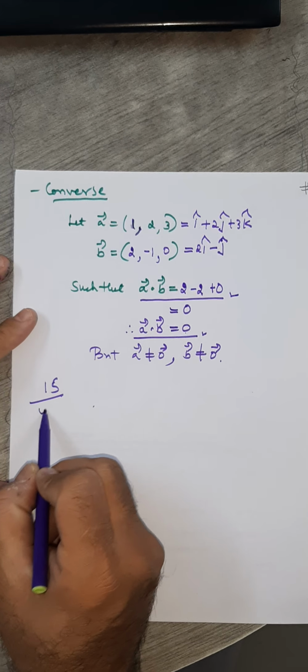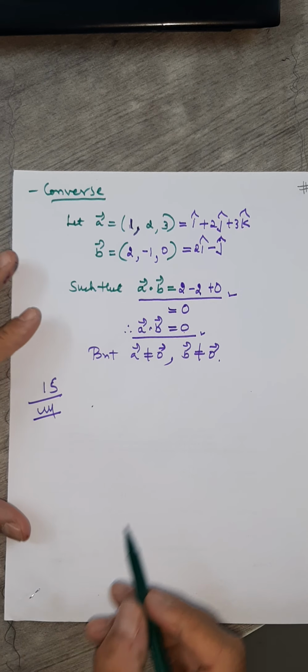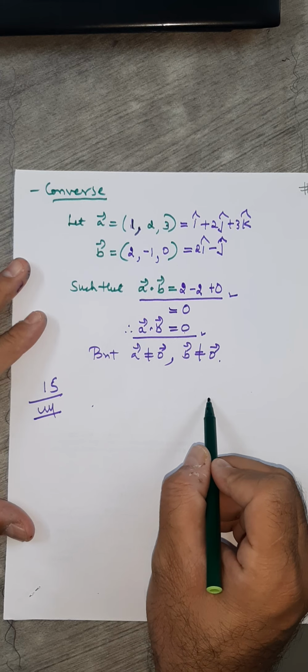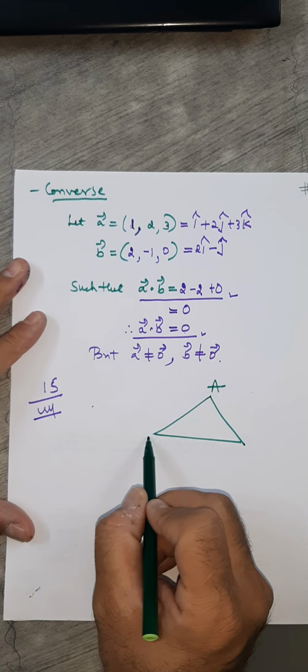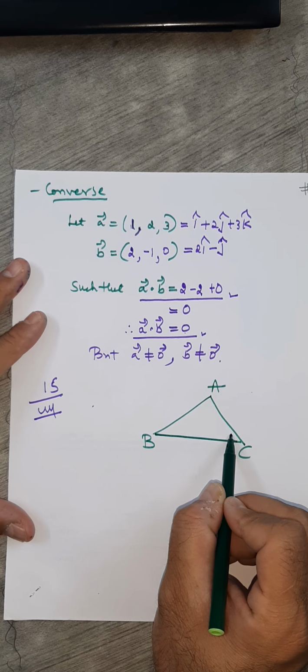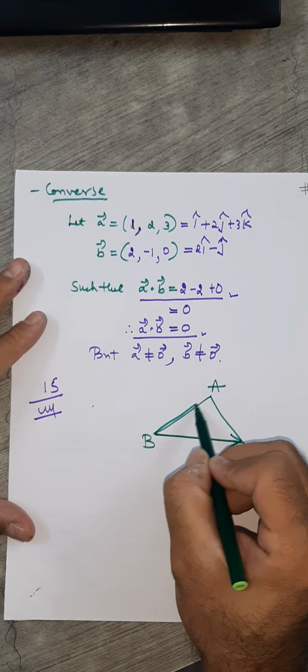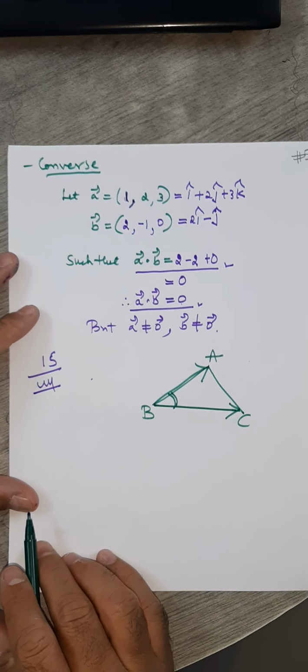So this is also a good question. Let me just show you here. So you have a triangle here. Let me draw a triangle. This is ABC. You want these angles. So one is vector BC and the other one is vector BA, remember. You want this angle. This is the question.